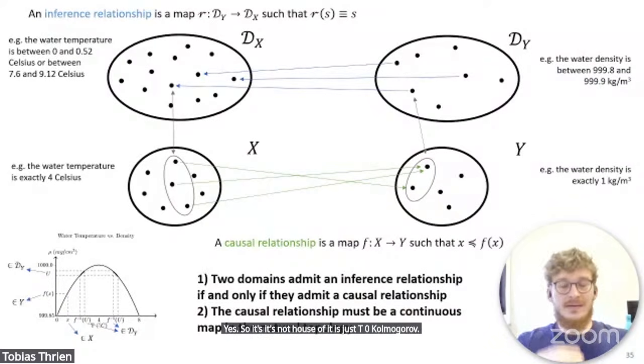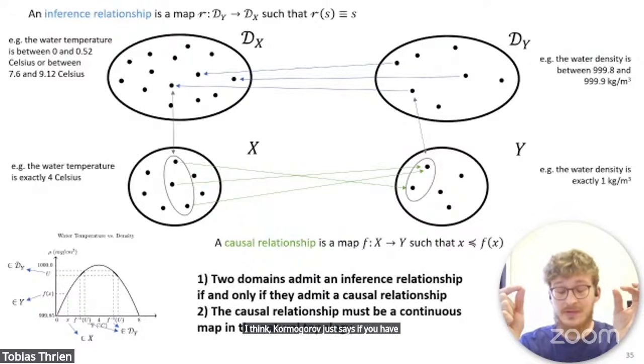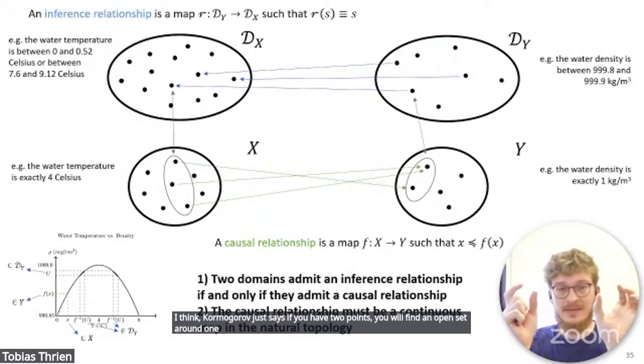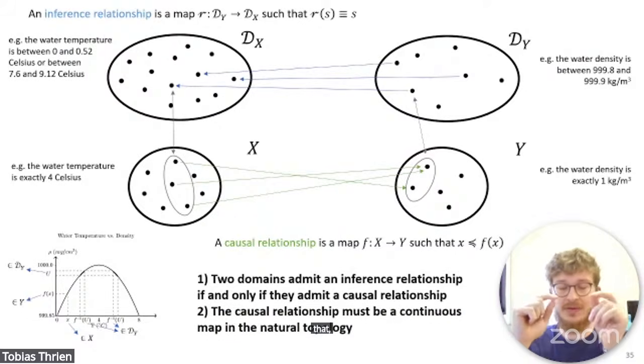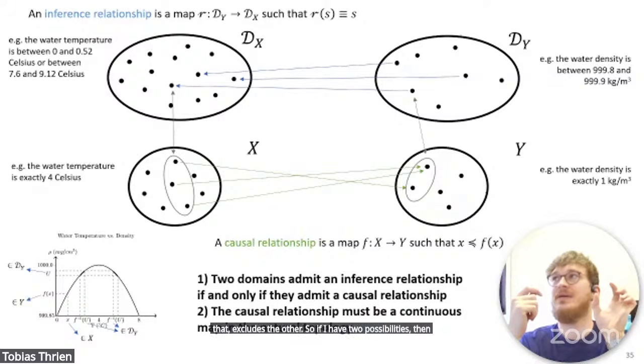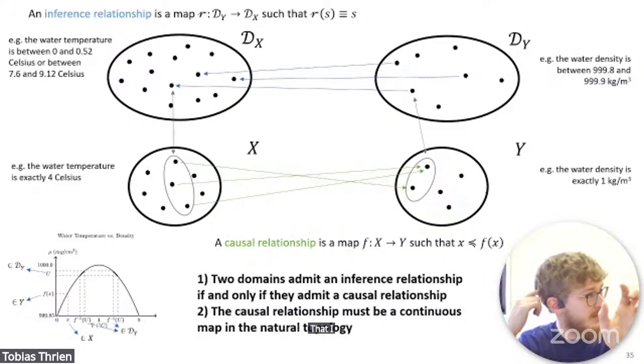I think Kolmogorov just says if you have two points, you will find an open set around one that excludes the other. So if I have two possibilities, then I can verify that I have one and not the other.